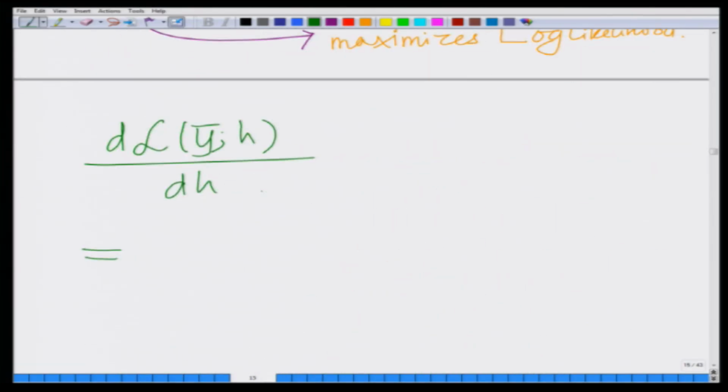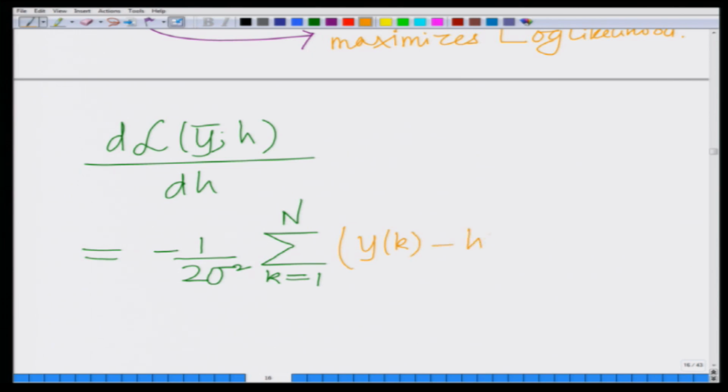What remains is minus 1 over 2 sigma square summation k equal to 1 to n, 2 times yk minus hxk, multiplied by minus xk, and that has to be equal to 0.